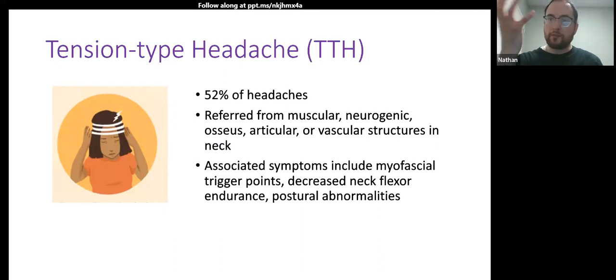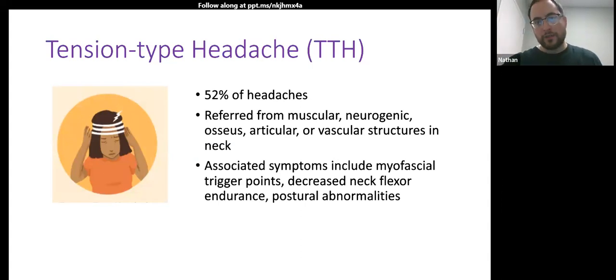It's almost like a bowling ball, or take this jar here. If my hand starts to go forward, meaning my head starts to go forward, all those muscles in the back of my neck have to work extra hard to keep my head up.